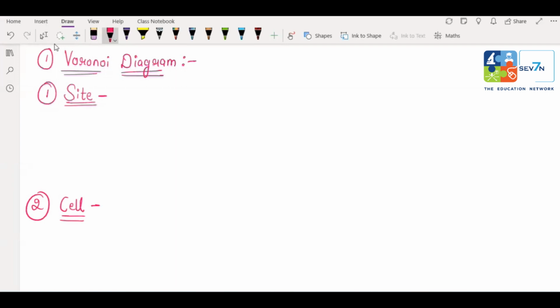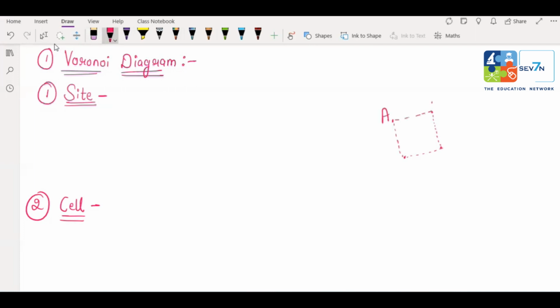Before proceeding further, I'll take an example so that you are able to see what it is. In a Voronoi diagram, we are just taking some points like that. Suppose I'll use these 4 points. I just need to join each and every point first, like that.